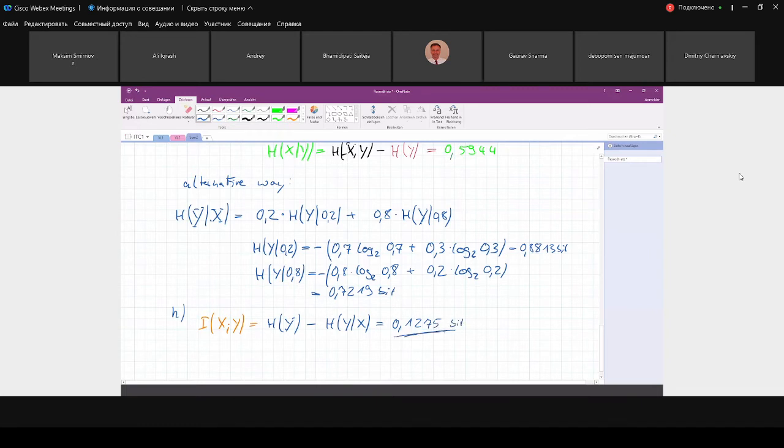So what does it mean, or how can we interpret this? Let's say we don't talk about this value. Let's say we have a channel, and the entropy of Y is, let's say, 1 bit. It's easier to think about such a value. In our case, it's not 1 bit, but let's say it is. And then, what does this conditional entropy mean?